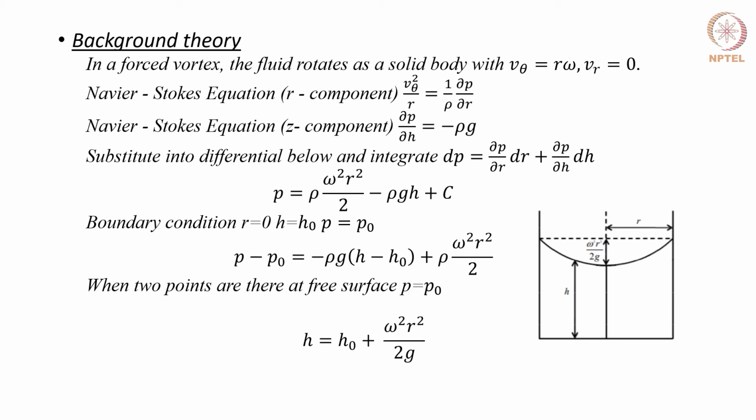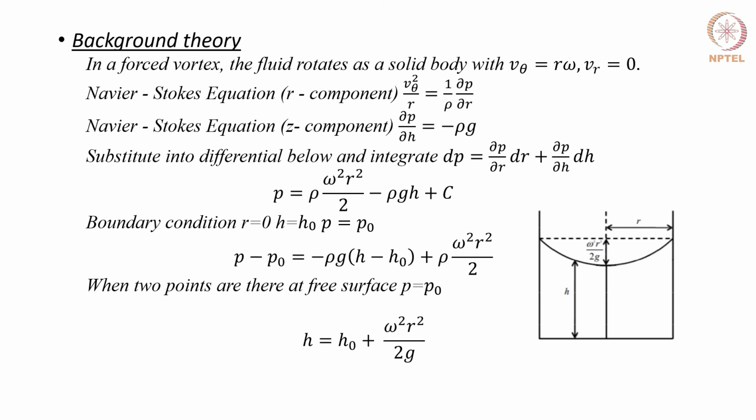When these 2 points are at the free surface, we know that p is equal to p naught. Hence, the equation h is equal to h naught plus omega square r square by 2g can be obtained. So this equation will give the theoretical profile of the forced vortex.